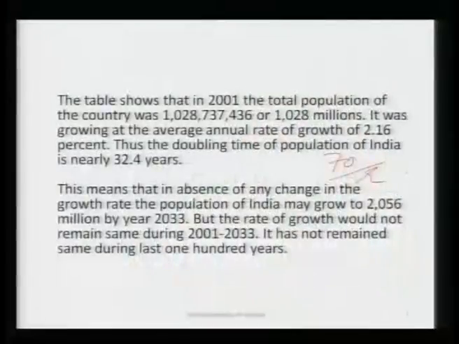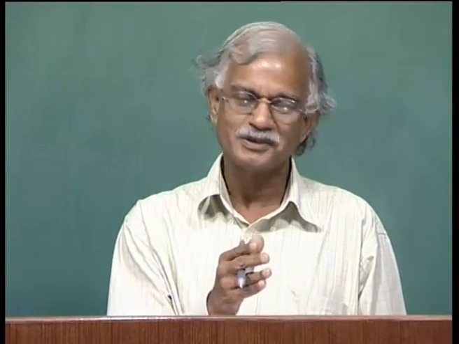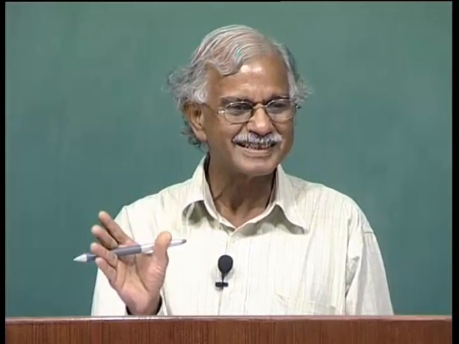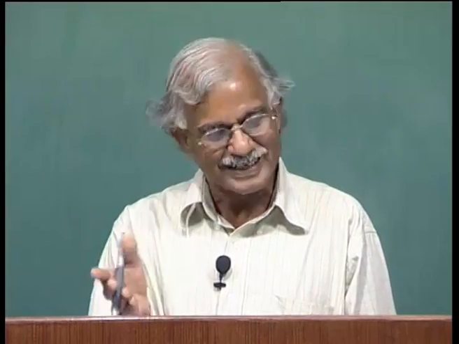This table also shows that in the last century the population of India grew 4.3 times. In 100 years' time India's population grew 4.3 times. From the Mahabharat period, 3100 BC to 300 BC, in nearly 3000 years we grew only 3 times, but here in 100 years' time we grew more than 4 times.